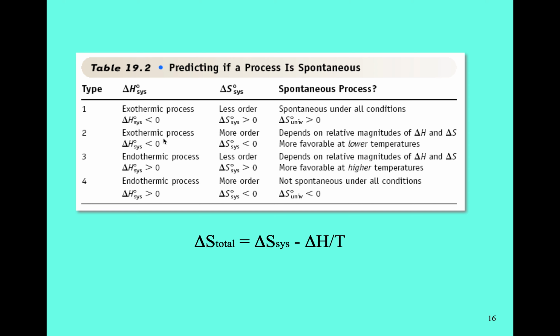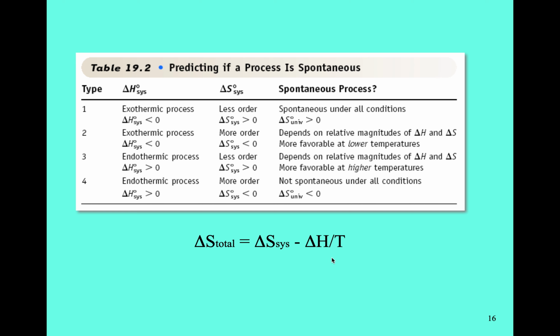And then for exothermic processes, this term will be positive. It will depend on how big the entropy change of the system is and what sign it is. Okay, so if you've got a negative delta S system and you've got a positive delta S surroundings, then it's a playoff between these two things.